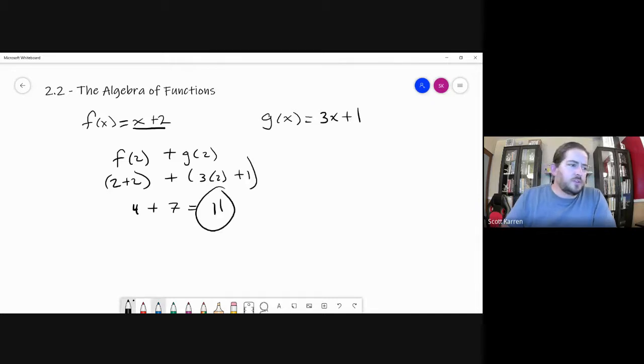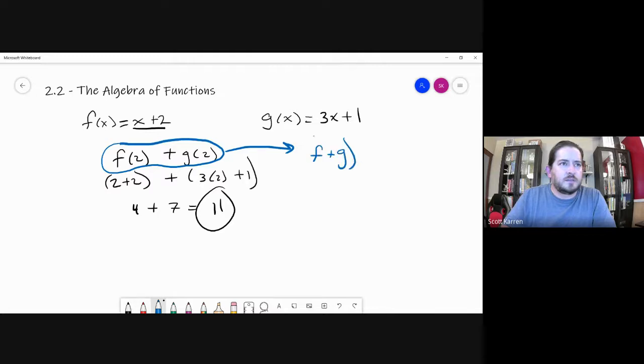But we introduce a notation now that is, instead of f of 2 plus g of 2, I'm going to write this as f plus g evaluated at 2, right? And these things mean the same thing.